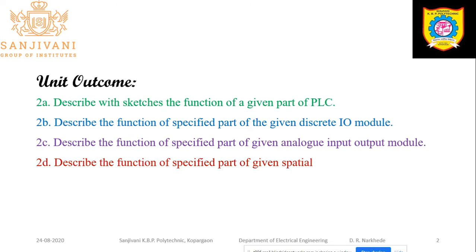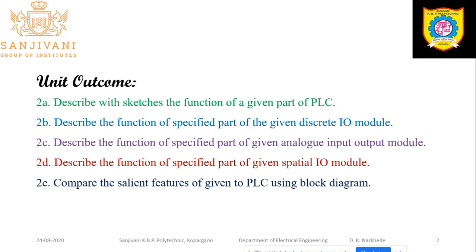Then in the fourth part we are going to discuss the function of the specified part of the given special IO module. Special input output modules, that is PID modules and so on, we are also going to discuss. Then in the last part we are going to compare the salient features of the given PLC using the block diagram. In this chapter we also study the block diagram of the PLC, and based on that the PLCs are of different types: mini PLC, micro PLC, then modular PLC.